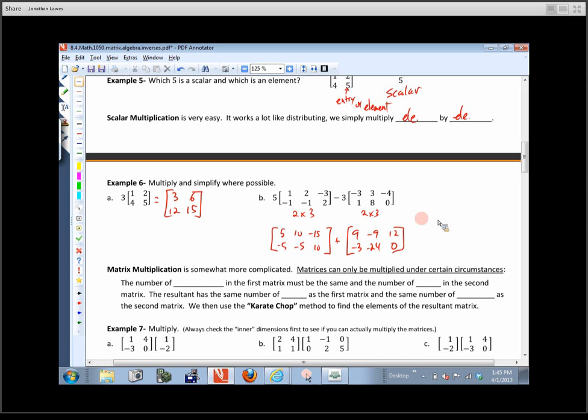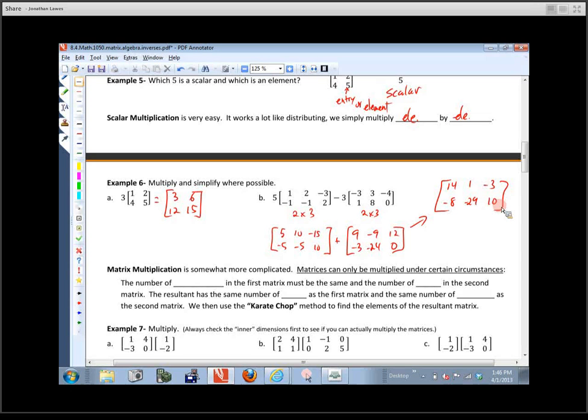And then I'm just going to go through and I'm going to combine those. Again, I had two 2 by 3s to begin with. I'm going to end up with a 2 by 3 when I'm done. So I end up with a 14, a 1, a -3, a -8, a -29, and a 10. Okay, did I do the arithmetic right? Yes. Okay, this is not very difficult to do.